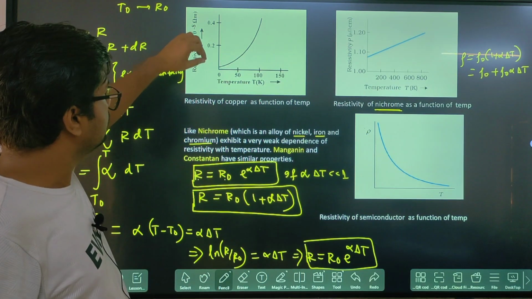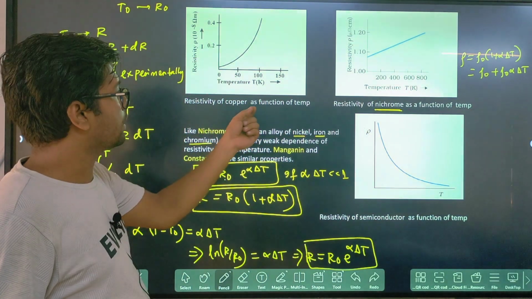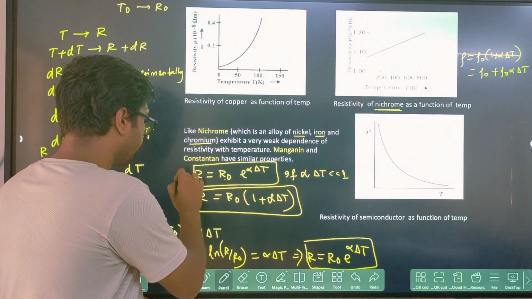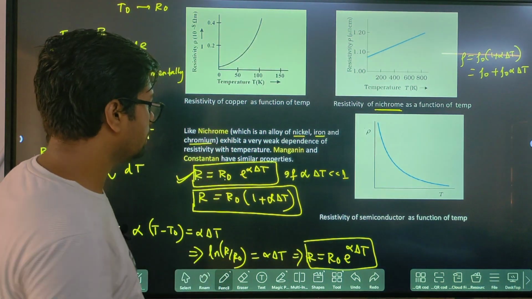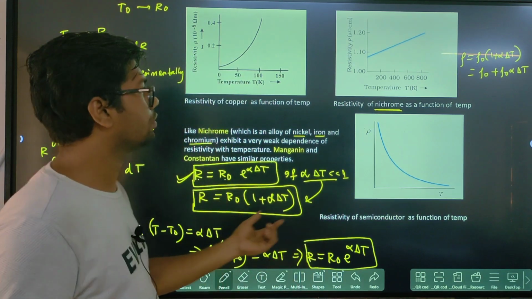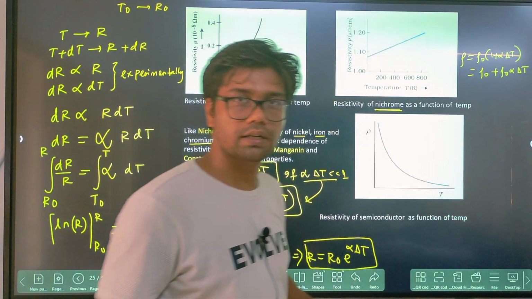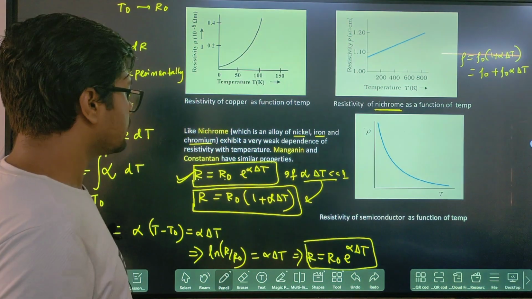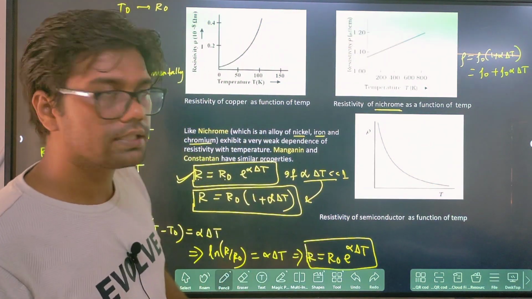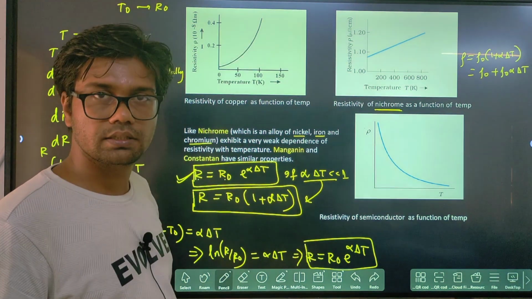So this is the resistivity of copper as a function of temperature, and you see this relation here. If alpha delta T is less than 1, this will hold, and this is the formula we have seen, correct? So whenever this alpha delta T is very small, it will follow like this. Whenever alpha delta T is not very small, this will follow like this, correct?